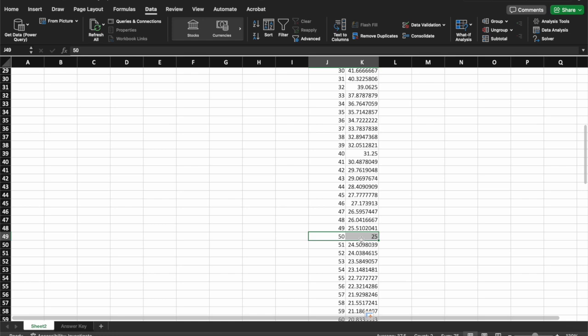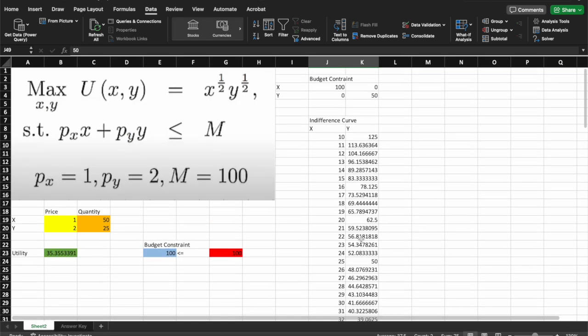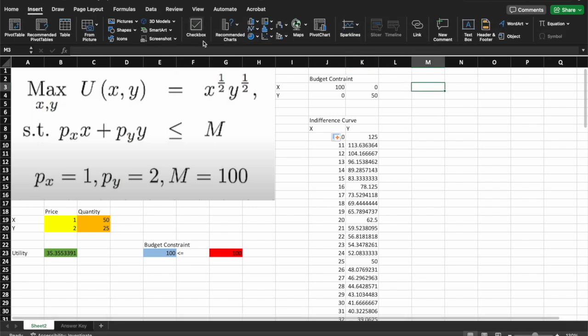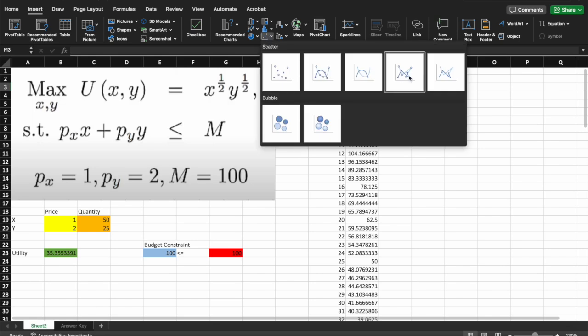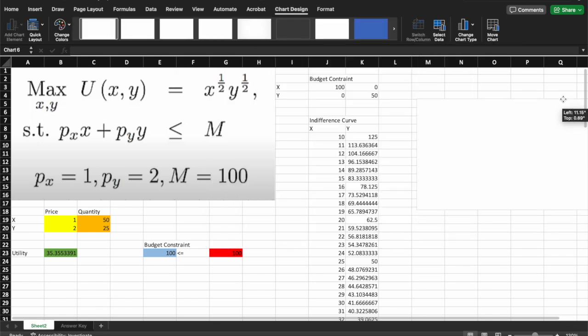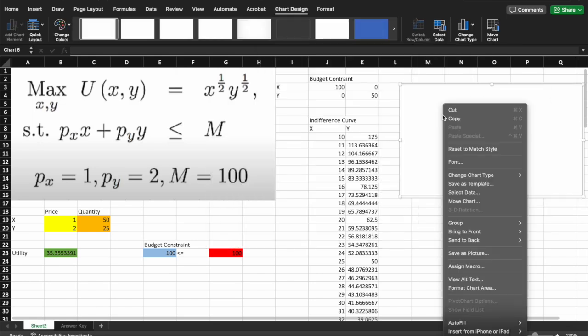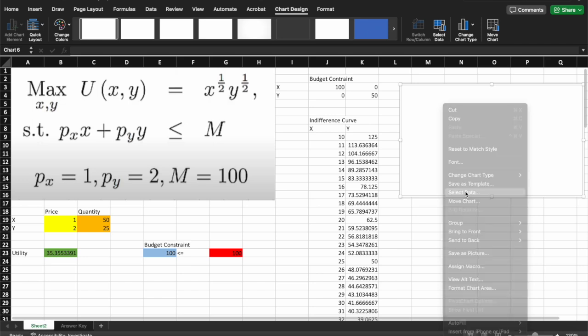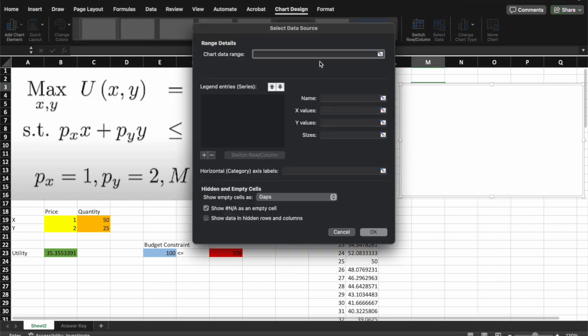So now that we have our budget constraint and our indifference curve, let's go ahead and start to graph all of this. We're going to start by just inserting a blank graph here. We're going to use, again, the scatter plot with lines. We'll bring this over here and start to select the data. The first thing we want to do is add a new series.